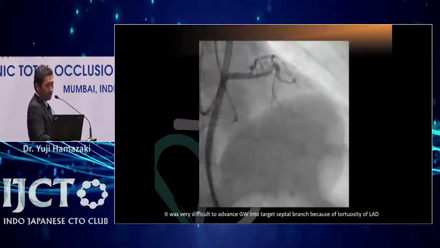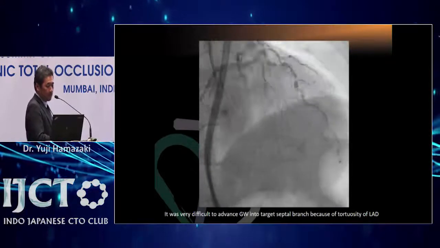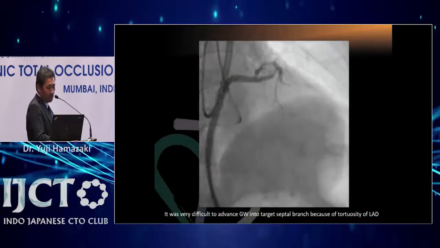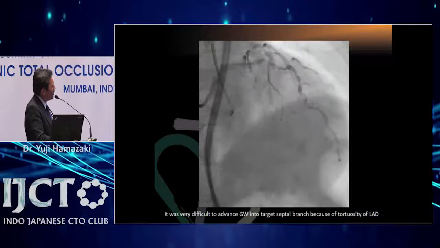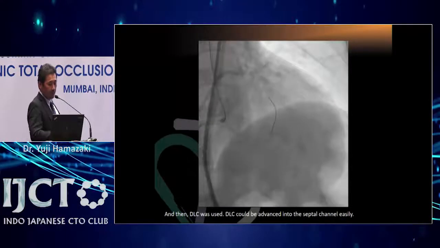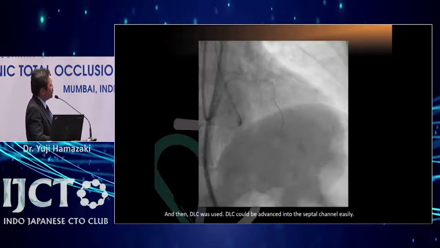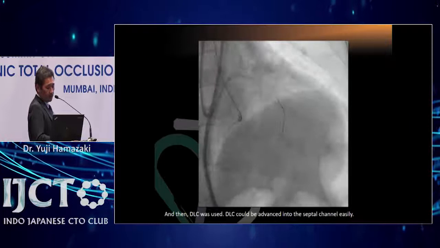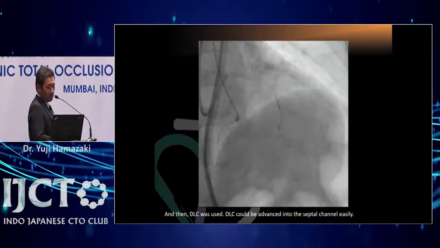It was very difficult to advance a guide wire into the target septal branch because of tortuosity of the LAD. And then a double lumen catheter was used. This is a double lumen catheter. The double lumen catheter could be advanced into the septal channel easily.